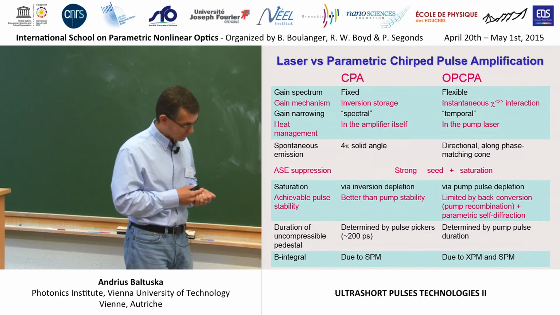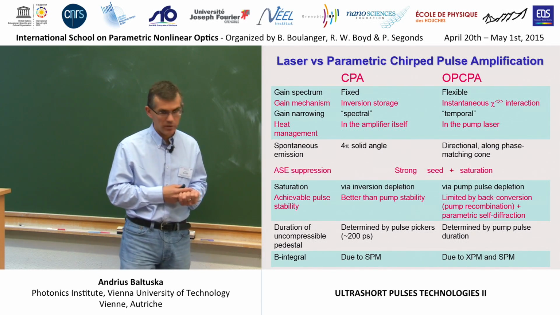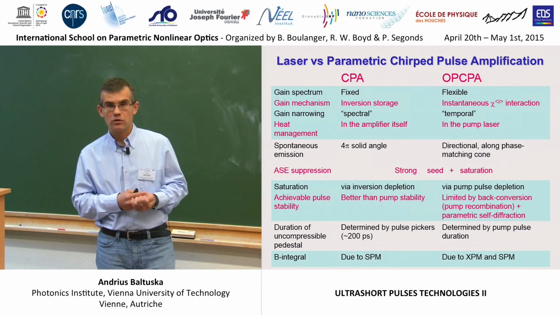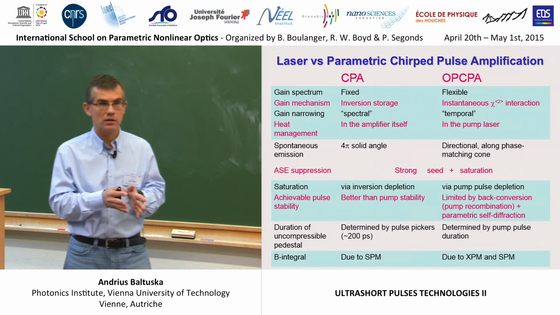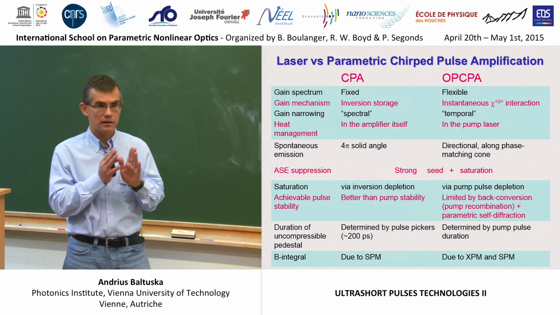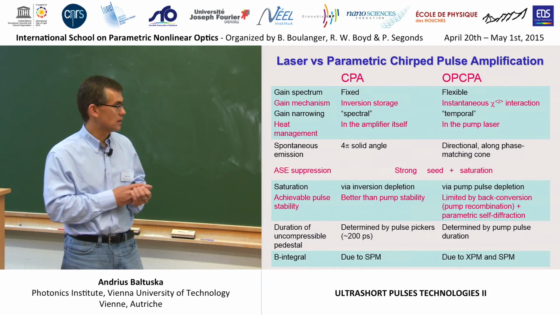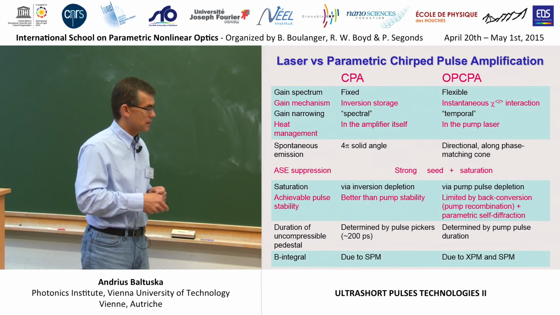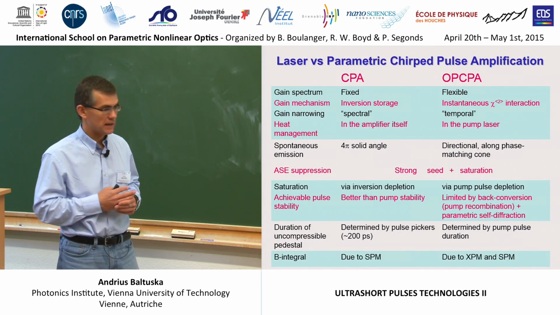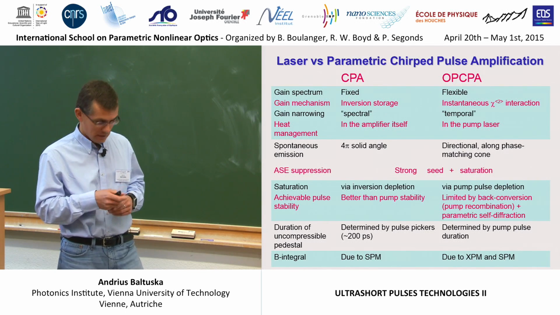In a laser amplifier, the best you can do is to chop off the ASE, amplified spontaneous emission, by electro-optic modulators. So you just cut a window in time, and this window cannot be very short. Something like 200 picoseconds is possible.